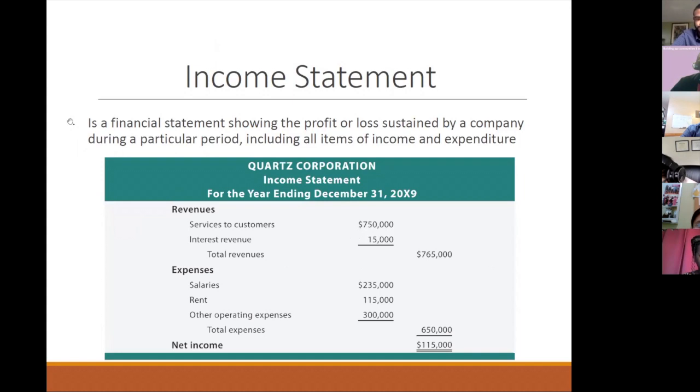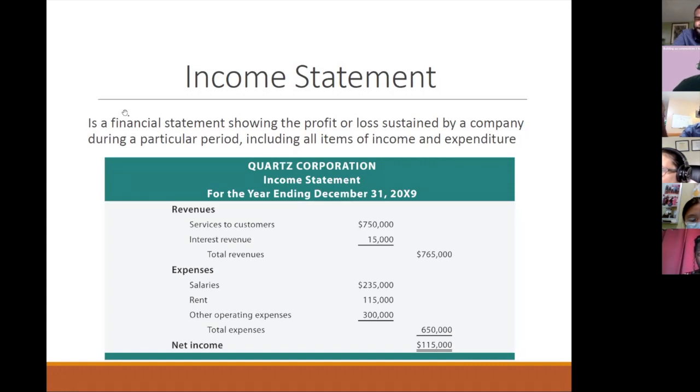Now this is an income statement, right? Remember that we spoke about it, the same as revenue and expenses. The difference I want to make between the balance sheet and the income statement is that the balance sheet is cumulative. It's at a point in time, right? So let's say that you started your company in 2010.